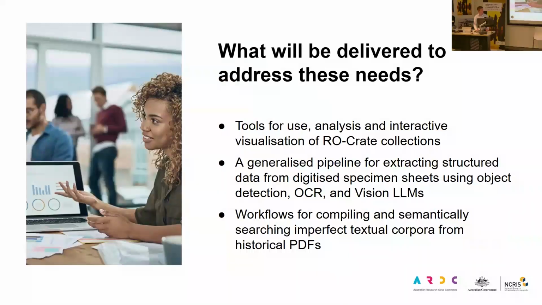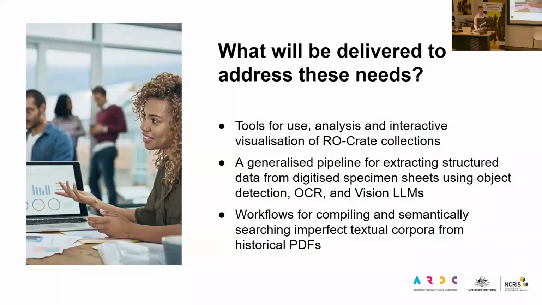To meet these needs, the partnership will deliver the following things. So first, tools to support the use, analysis, and visualization of RO crate collections. So this allows us to package and share research outputs in a structured, machine-readable format. Second, we're developing a generalized pipeline that extracts structured data from digitized specimen sheets using a combination of object detection, OCR, and vision LLMs.